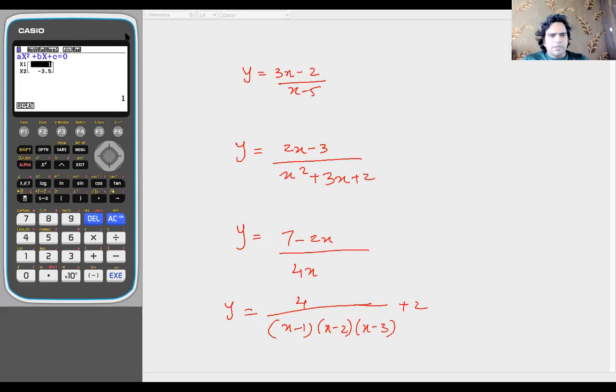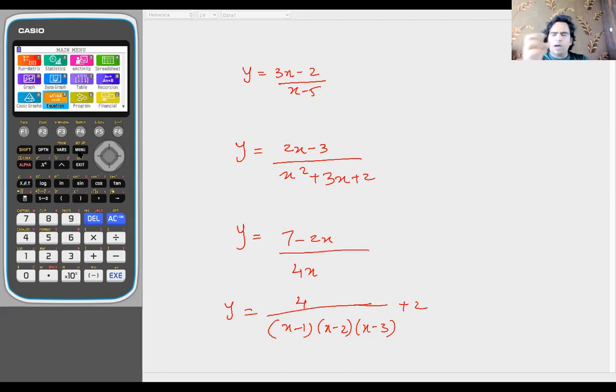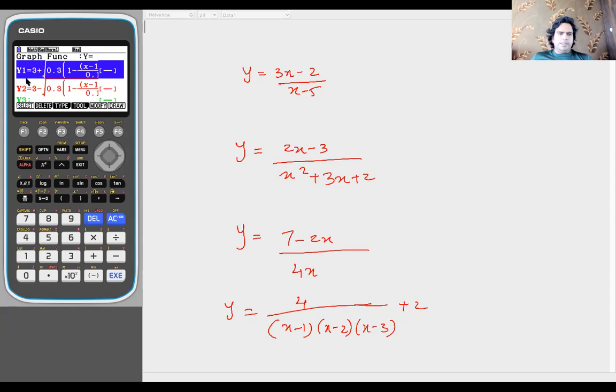So first, I want to plot the graph and see the behavior of this function. Let's go into the graph function. There are two graphs: one is the dynamic graph, and there is also the conic graph. We always use the plain graph feature. Here, when you enter, you feed in the function that you have taken.